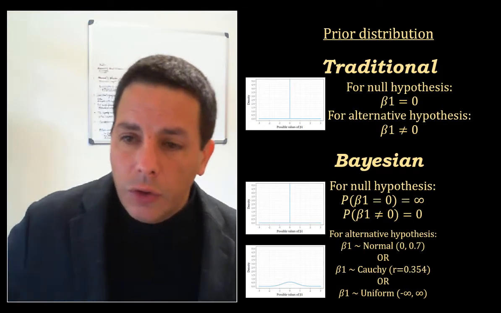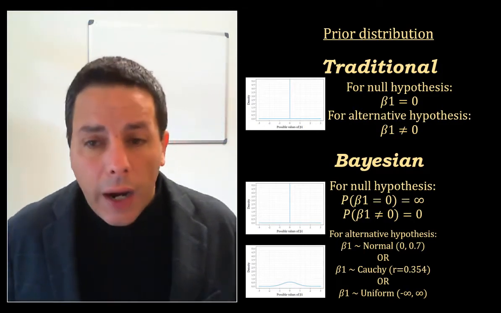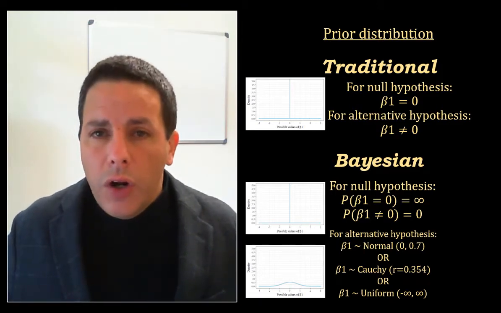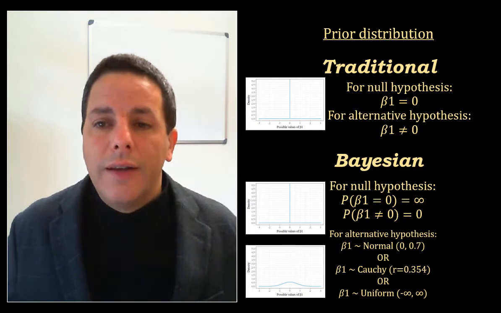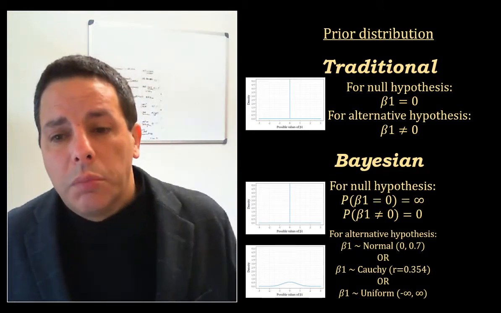And what about beta 1 of 2 or beta 1 of 25? Are all the values equally likely? We don't know. That's the underdefinition that we have in the traditional approach.